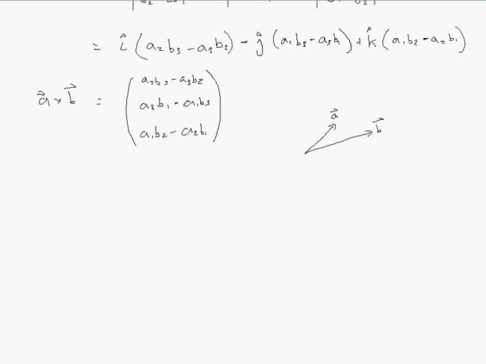It's going to be tough for me to draw on this two-dimensional page, but imagine that this is perpendicular to both A and B. So this is just going to be your A cross B just here.